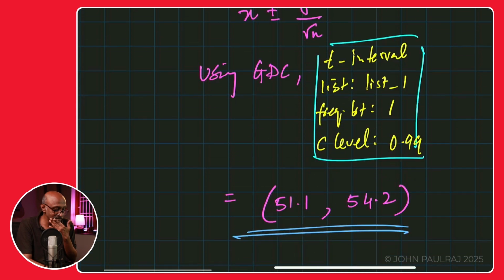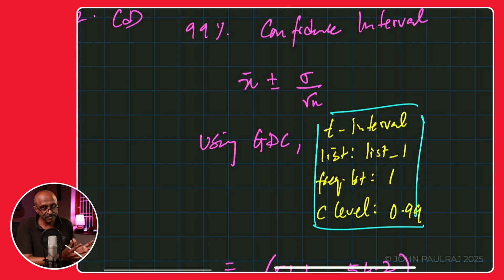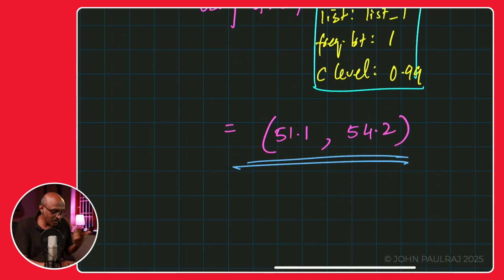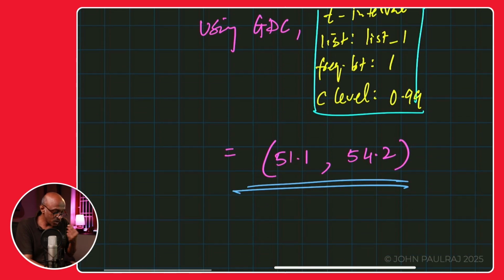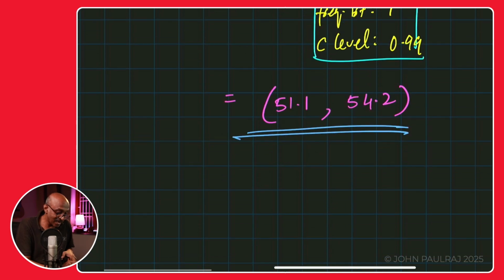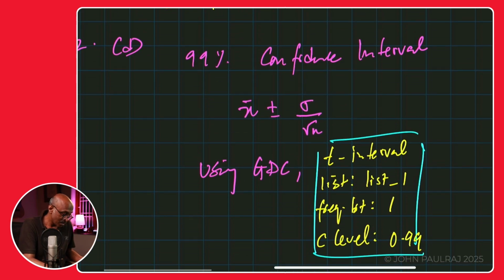It actually means that if you were to do this sampling of 10 eggs a large number of times, then 99% of the times you find the confidence interval, the true mean will lie in that interval. Another easy way to say it is that you're 99% confident that the true mean lies in that interval of values between 51.1 and 54.2. That is how to interpret this.